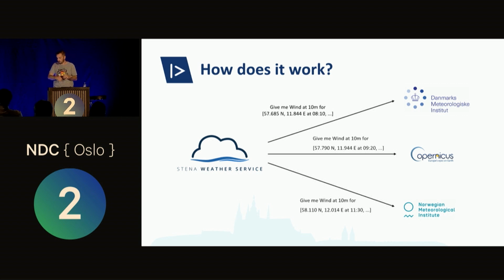So for example, here it says: give me wind at 10 meters from the Danish Meteorological Institute. From Copernicus, it asks for a different part of the road, a different time. And from the Norwegian provider, it asks again for a different part. It can probably also ask for different parameters, because you will see later it's not only about wind at 10 meters.